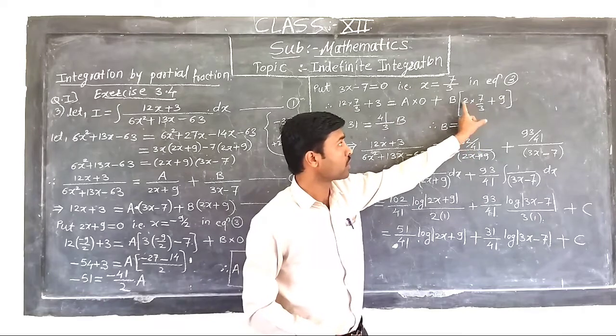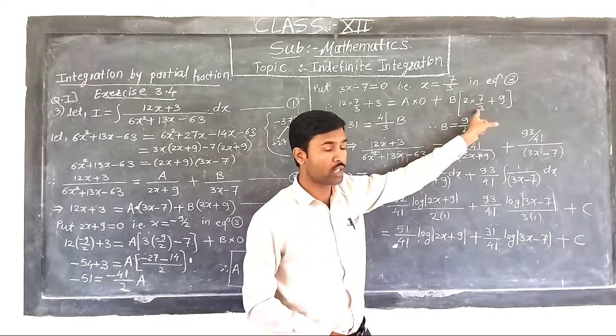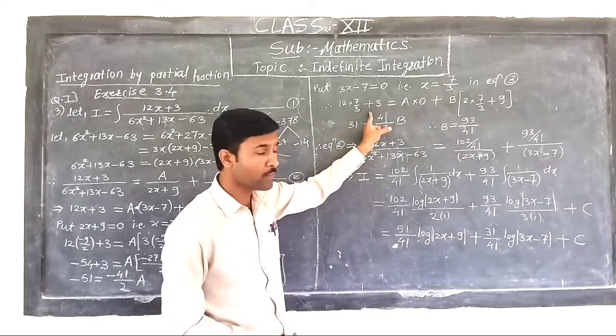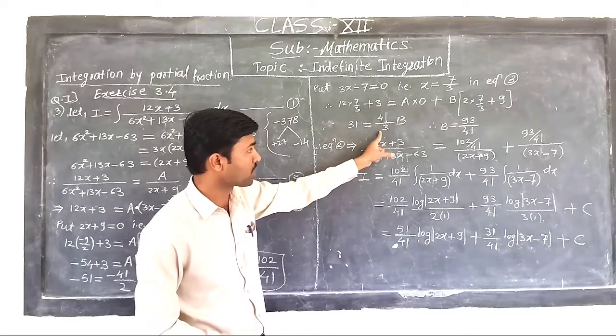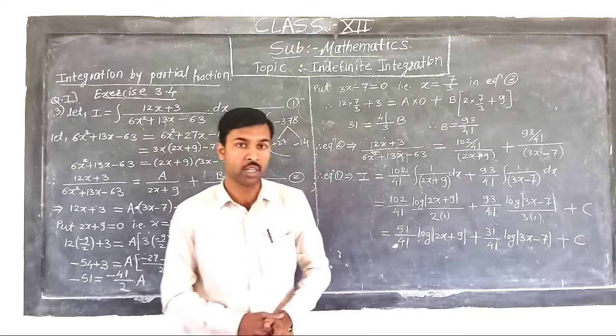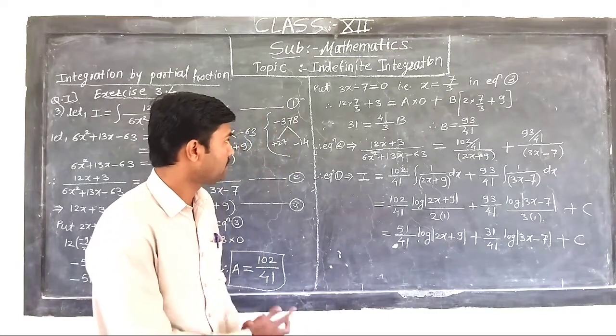Here 2 7s are 14, 9 3s are 27, 27 plus 14 is 41 upon 3, and after solving this we get b equals 93 upon 41. Here both the values of the constants are cleared.